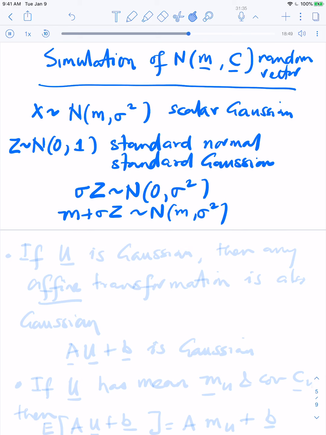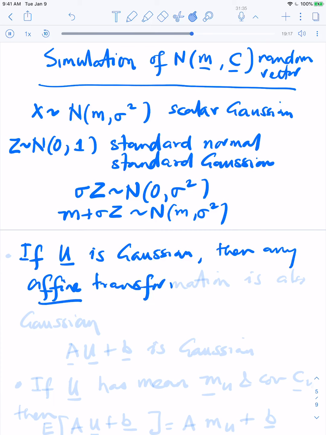So when simulating Gaussian random vectors, what we're going to use is the following fact. First, if a vector U is a Gaussian random vector, then any affine transformation, affine is just a term we use for linear plus constant, is also Gaussian.